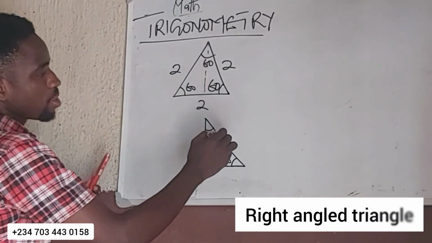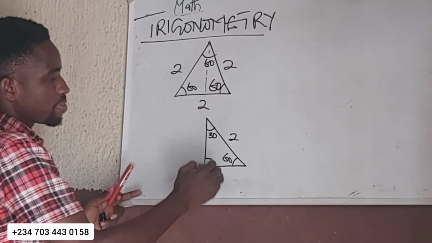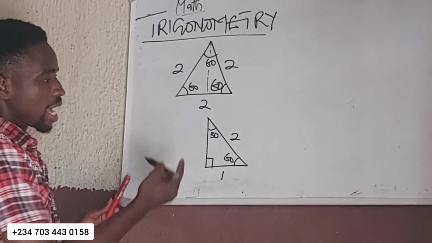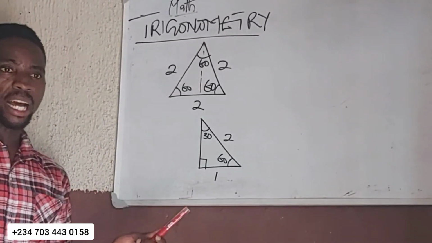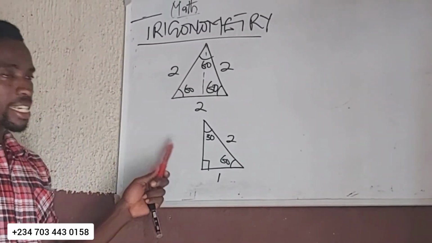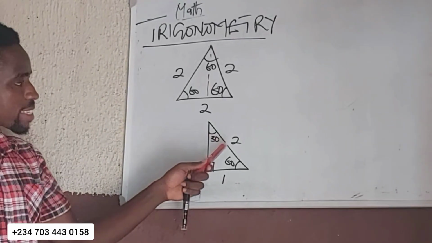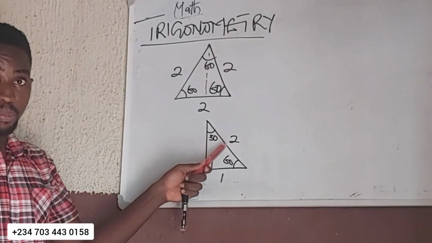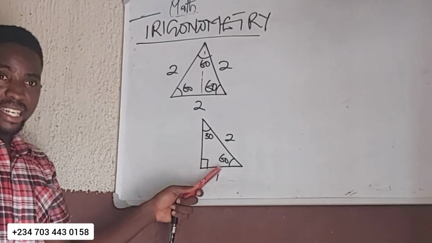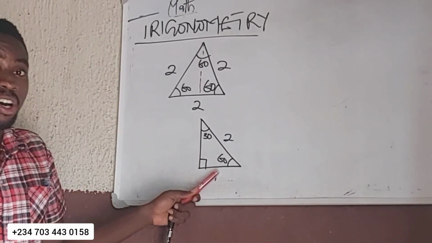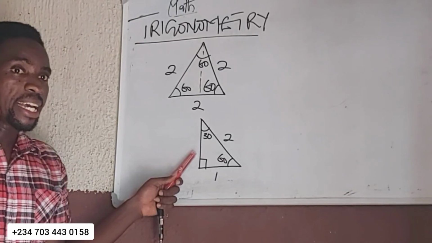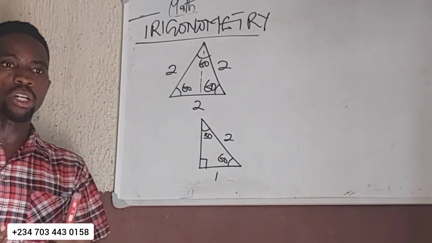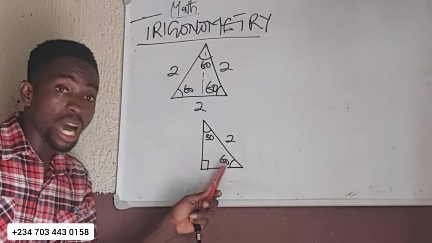Remember that the value of this side is 2 units. The value of this side is going to be 1 unit now, and the value of this side is unknown. So this is a right-angled triangle. Let's recall that in a right-angled triangle, the longest side is the hypotenuse. This side is either the opposite or the adjacent, and this side also is either the opposite or the adjacent, depending on the angle I am considering.